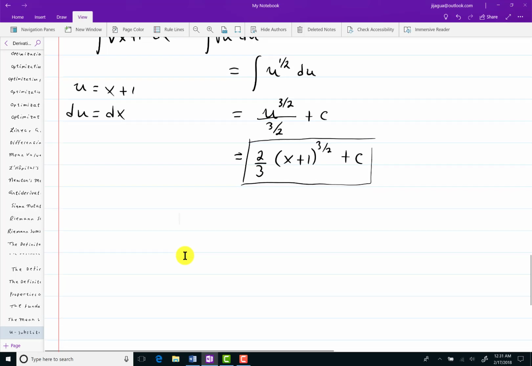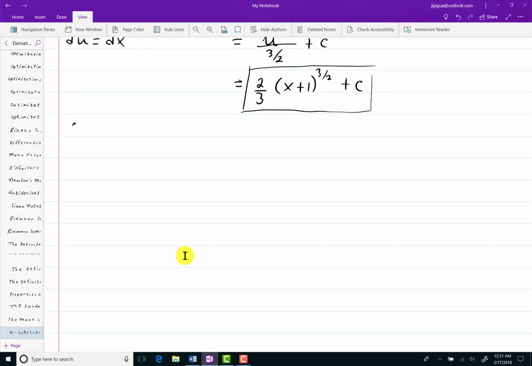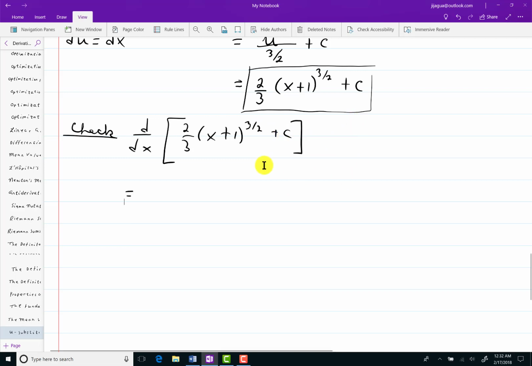If I wanted to check myself, they always say to check, but nobody really ever does it. How can I check myself? Well, take the derivative. When I take the derivative, the c, of course, disappears.